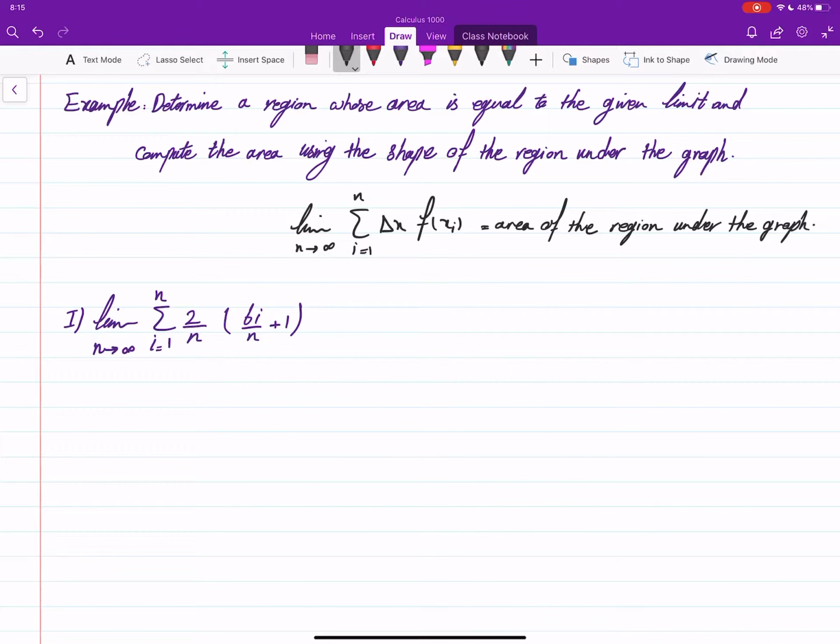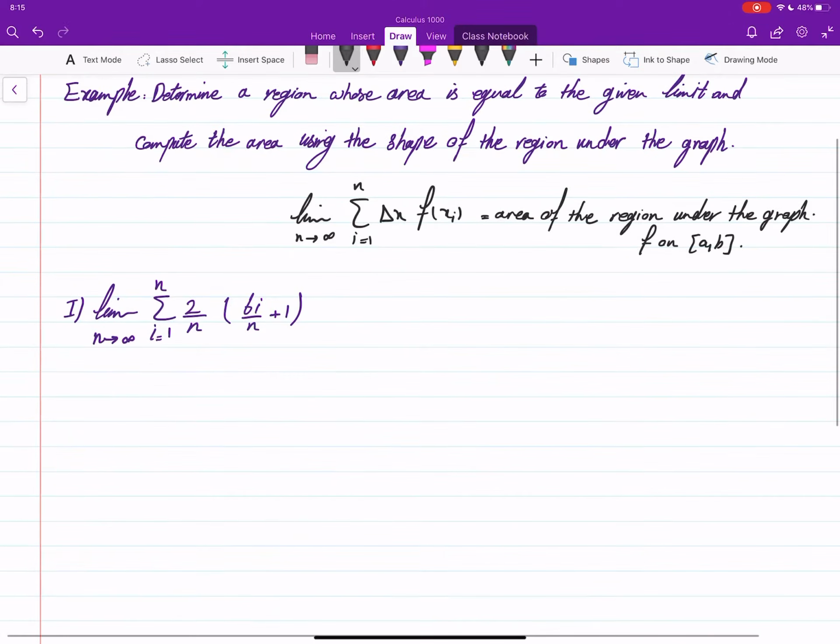So we are supposed to find what is f, what is the interval AB under the graph of f on AB here. When you look at this, you always remember that delta x is independent of i.